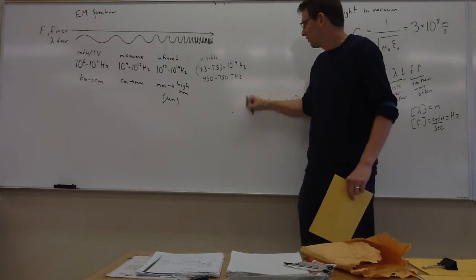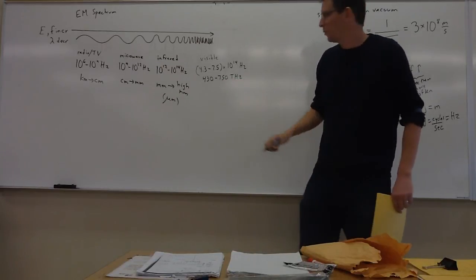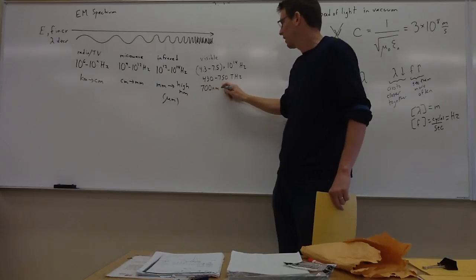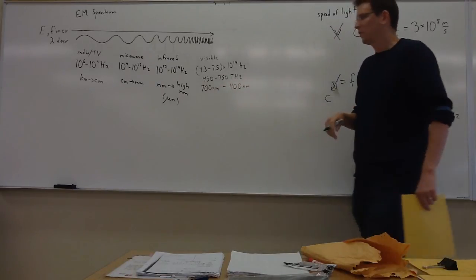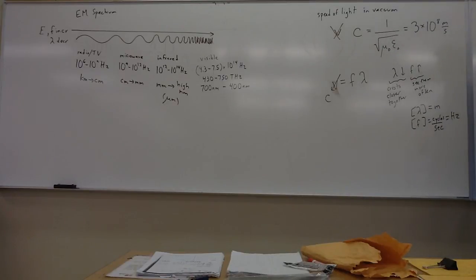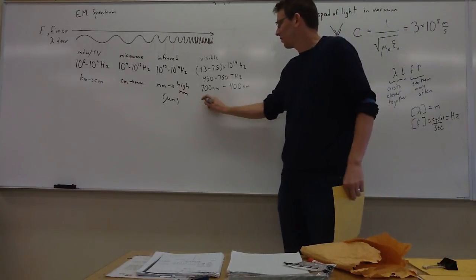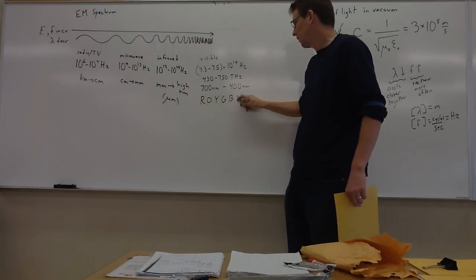So that's in order. That's the frequency, and of course, if the frequency is increasing, then the wavelength will decrease. 430 terahertz is 700 nanometers, and the high end of the frequency is the low 400 nanometers. We experience this as color: red, orange, yellow, green, blue, violet.